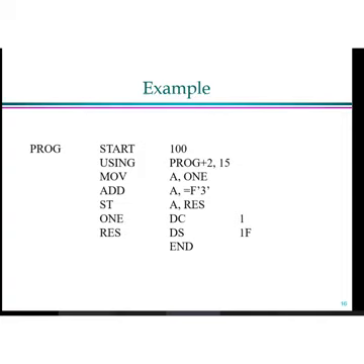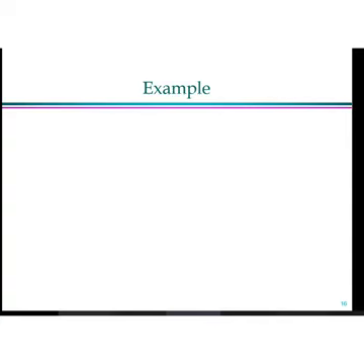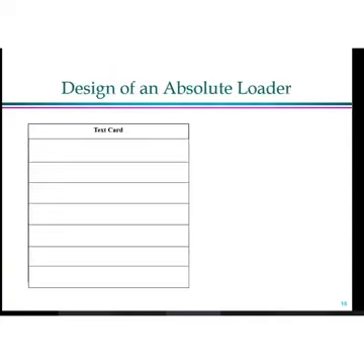Ma'am, via the text card, the last section is able to store only 64 bytes of information. Why is that so? Because it is forcing us to break the instructions into two parts. Now the reason is that if we create a huge size, this absolute loader is written based on the IBM 360 machine.